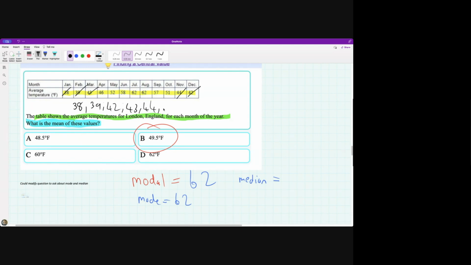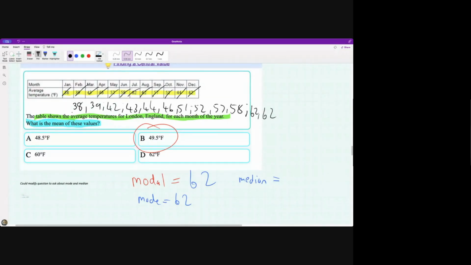What comes after that? 46, then 51, then 52. What comes after that? Okay, 57, then 58, and then 62 and 62.